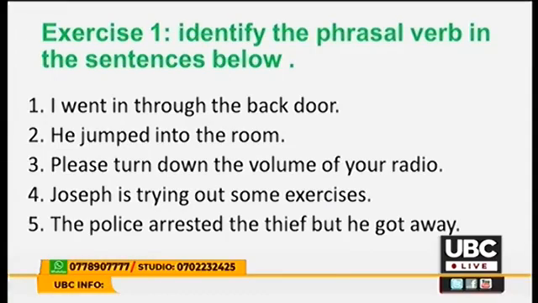We have sentence 3: Please turn down the volume of your radio. Sentence 4: Joseph is trying out some exercises, as you are doing now.